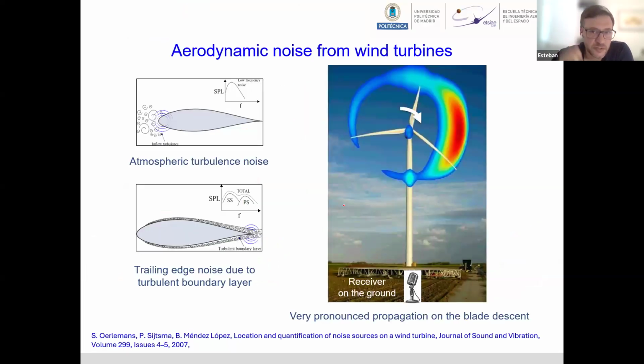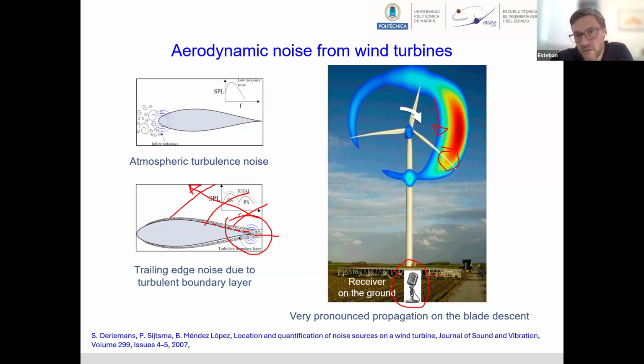Right. So what do we know? What we know is that for an observer on the ground, the maximum acoustic amplitude is observed when the blade comes down. So if the blade rotates like this, at roughly 80% of the blade, there is the maximum acoustic production. And this is due to the trailing edge noise, basically, which physically is some perturbations that go through the boundary layer, and then these small eddies impinge into the shear layer flow that happens at the trailing edge, and they emanate as acoustic waves that go towards the front.